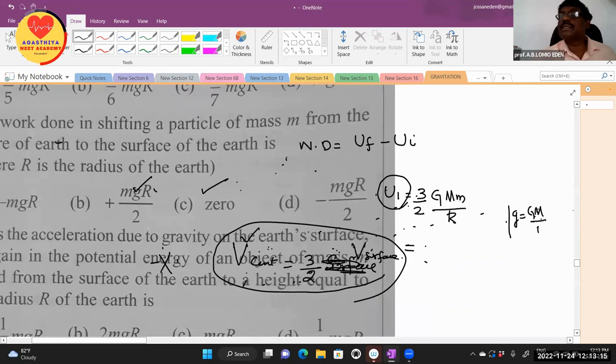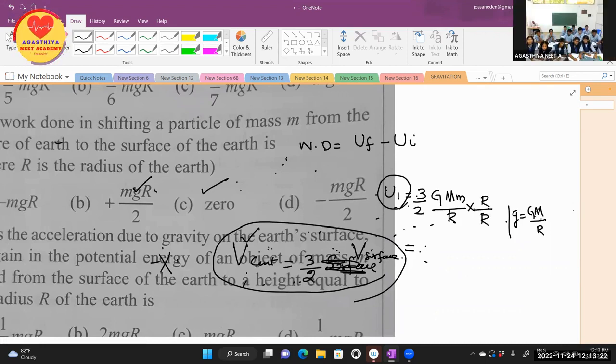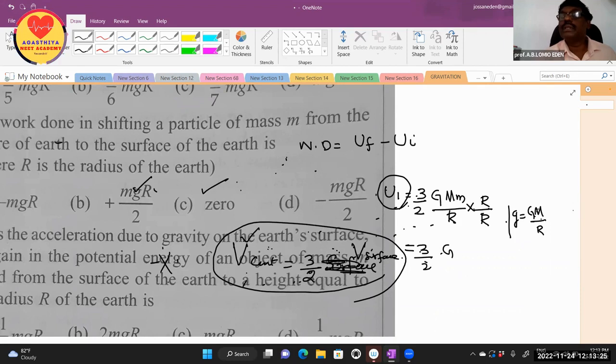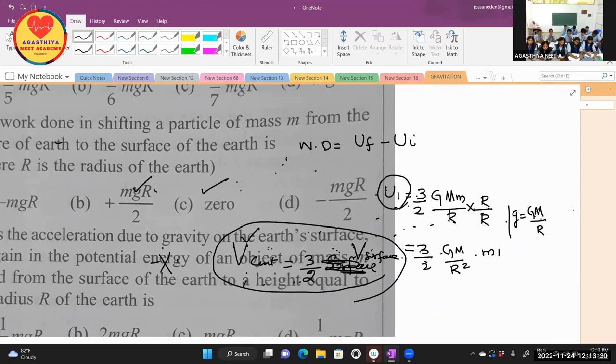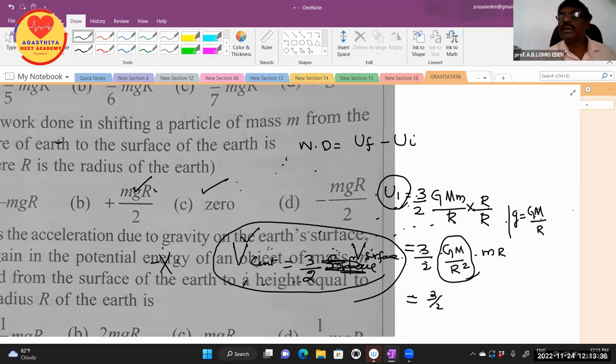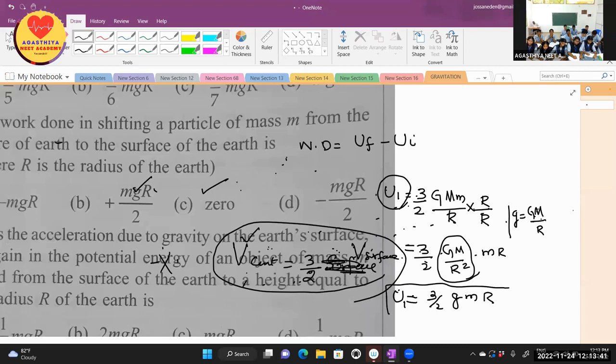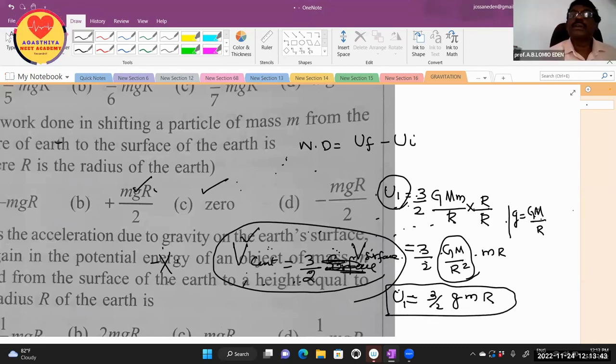Therefore, the above expression is modified in terms of g: multiply by R and divide by R. 3/2 G M by R squared into m R. This is equal to 3/2 m g R. This is the first expression. Similarly, find out the final potential energy.